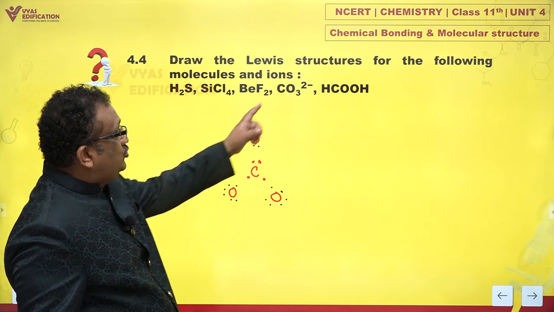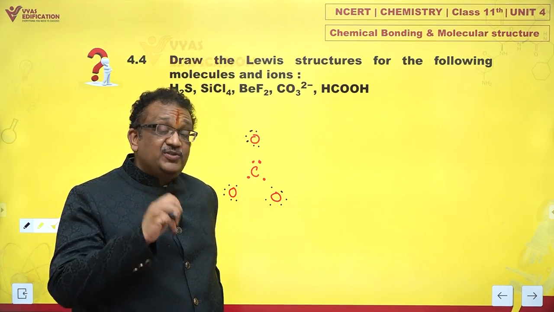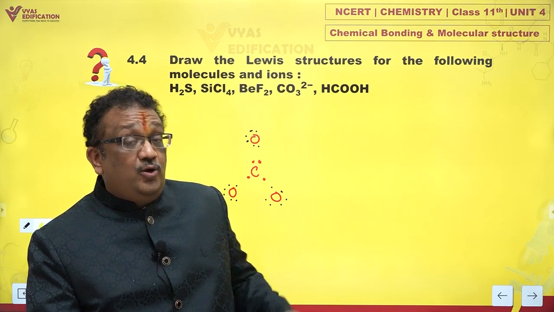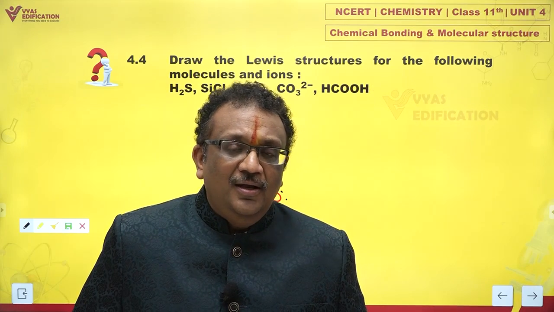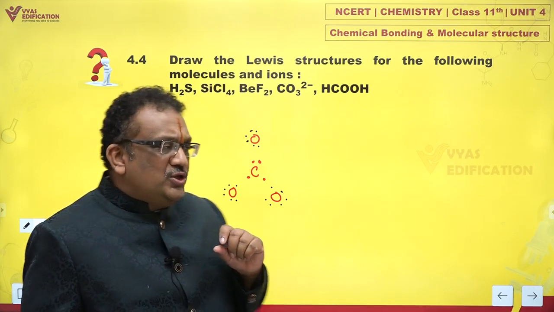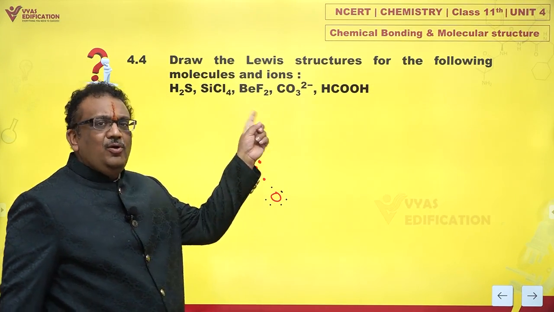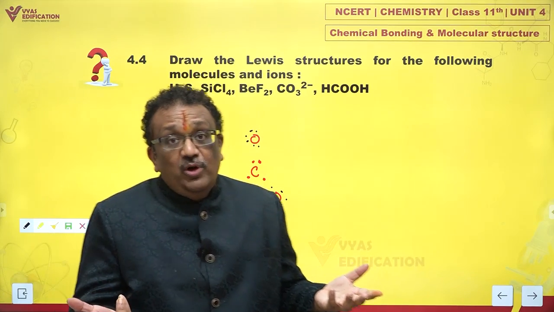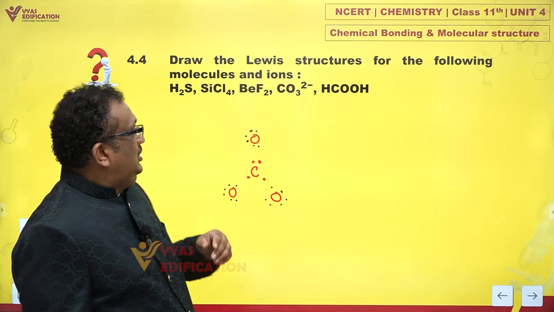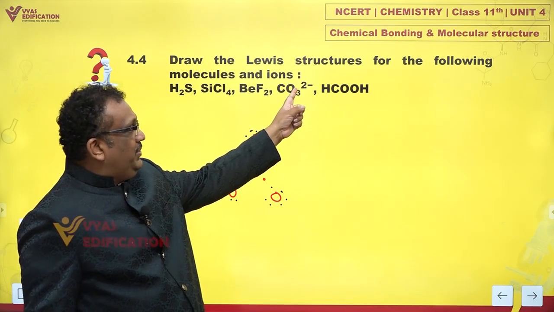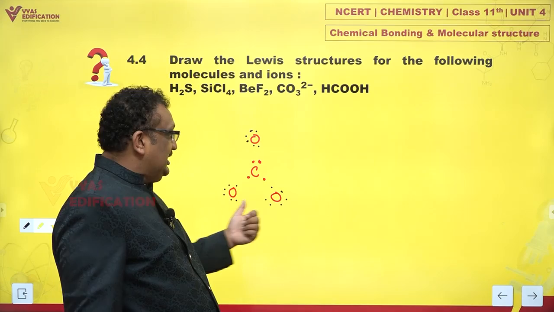Now it has -2 charge also. If it has -2 charge, that means there are 2 extra electrons which have been added. Which atom is going to get those electrons, carbon or oxygen? Whichever is more electronegative would be more likely to receive those electrons. There are only 2 extra electrons, -2 charge, and there are 3 oxygen atoms.